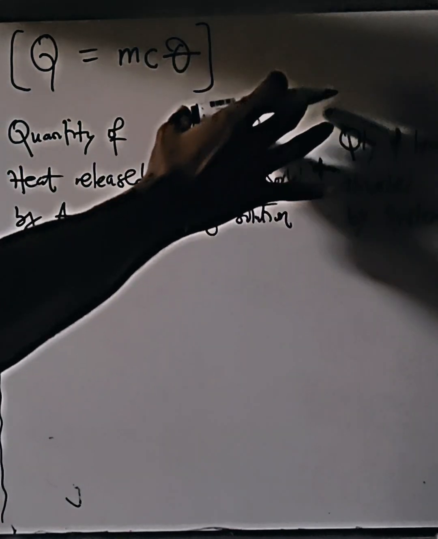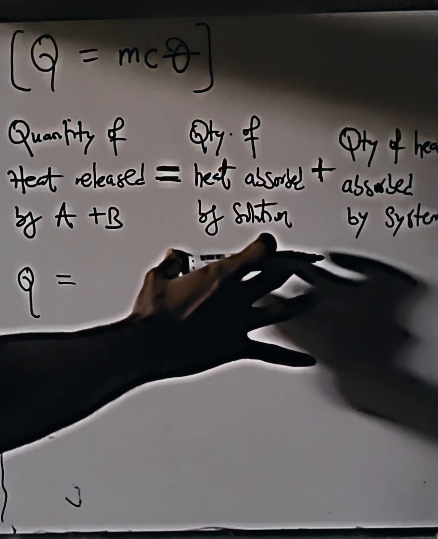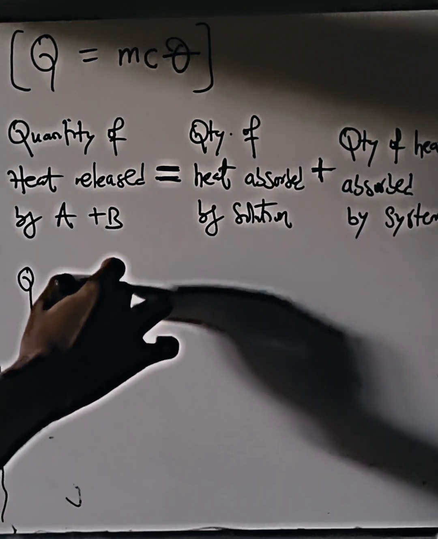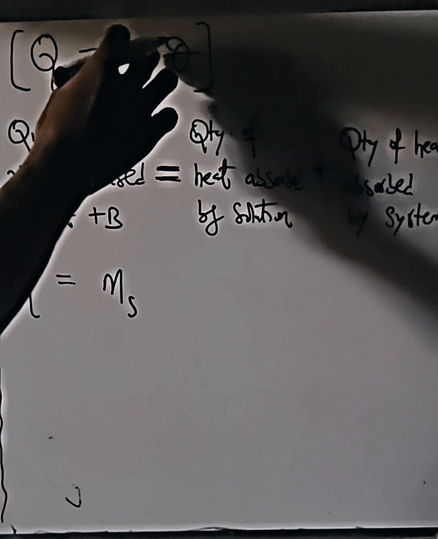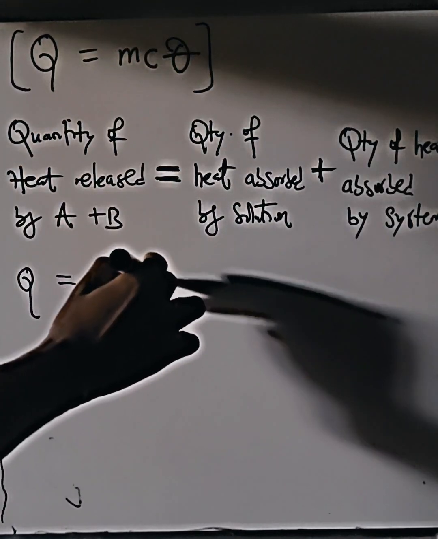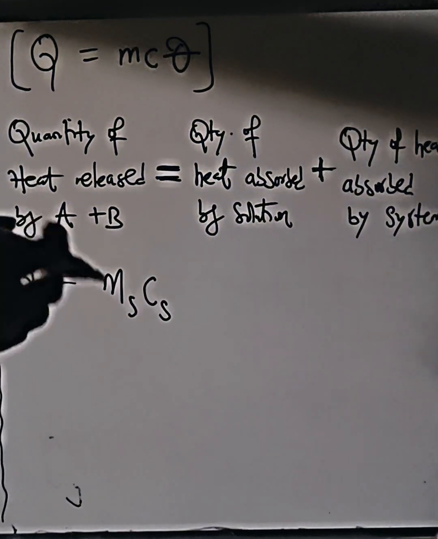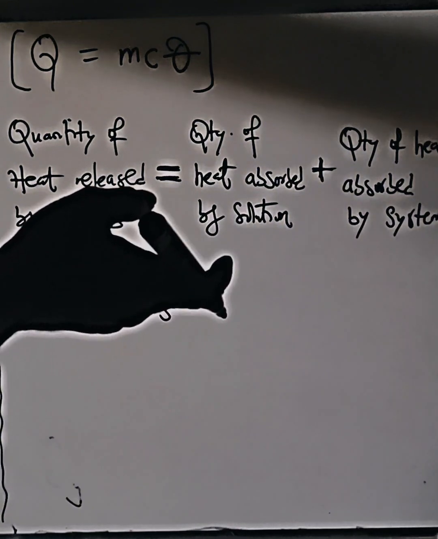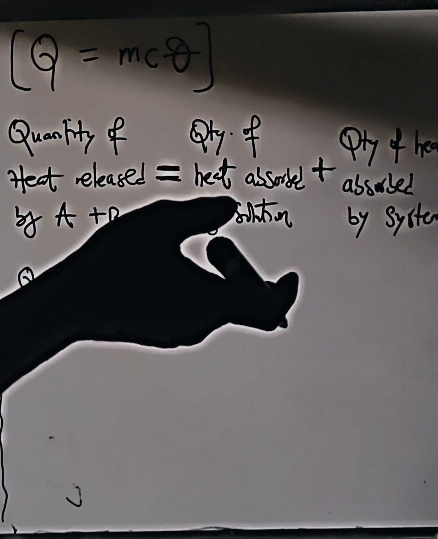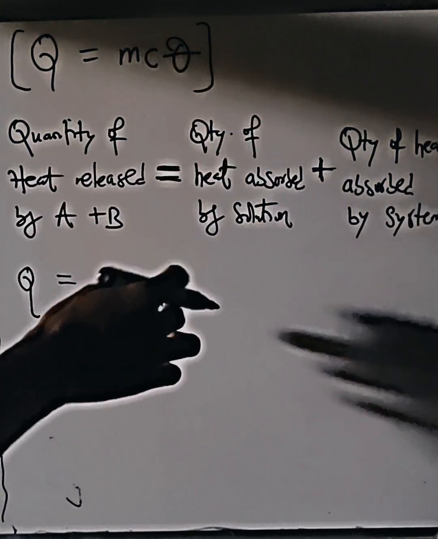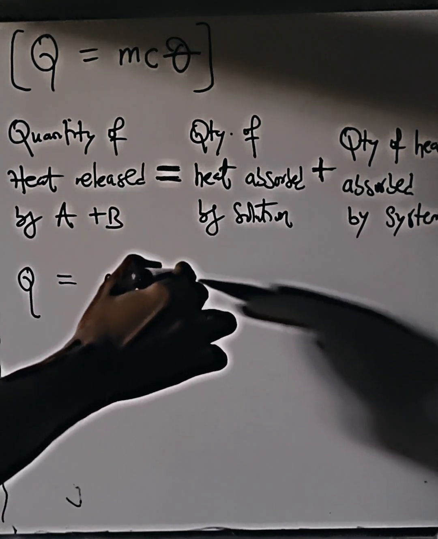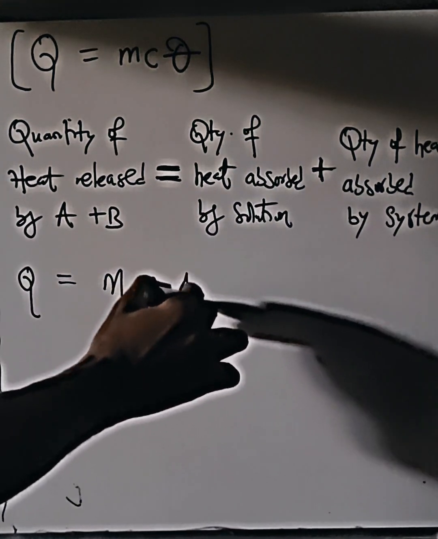For the solution alone, we have the mass of the solution, m, then the specific capacity of the solution, which is likened to that of a dilute solution, that of water, assuming it is equal to that of water, which is 4.2. Then times the temperature change.